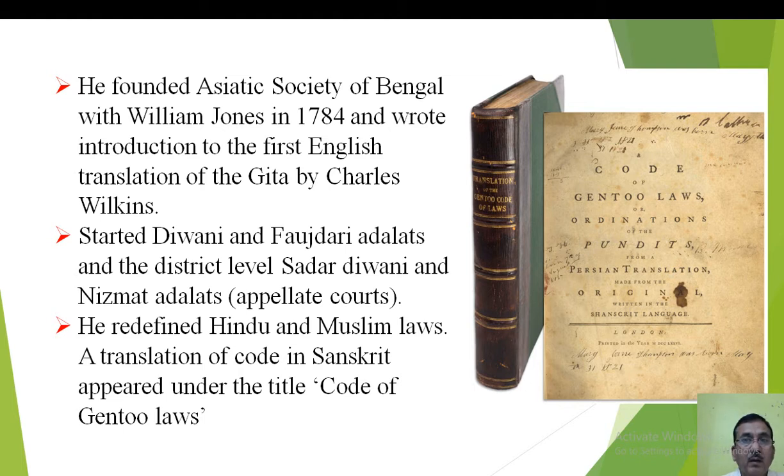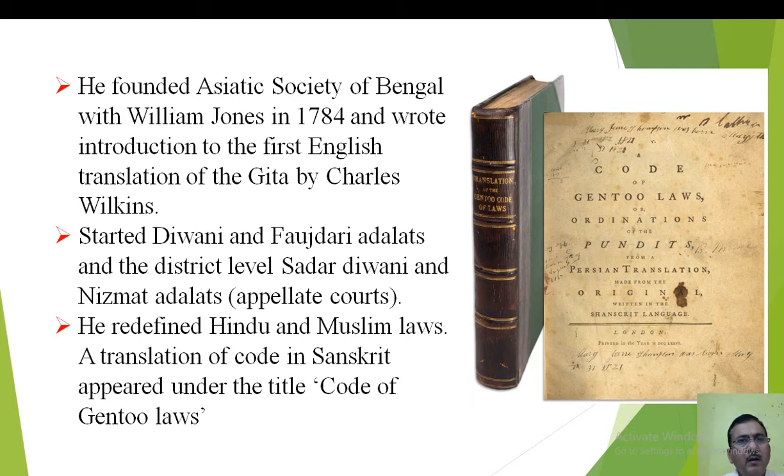Another landmark thing about Warren Hastings is that he founded the Asiatic Society of Bengal with William Jones in 1784. This question is repeatedly asked in the NDA examination and CDS examination.